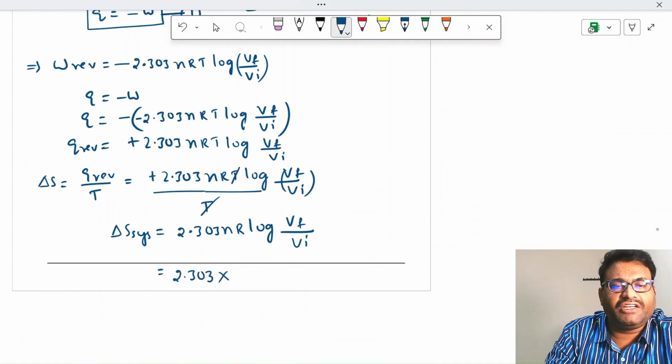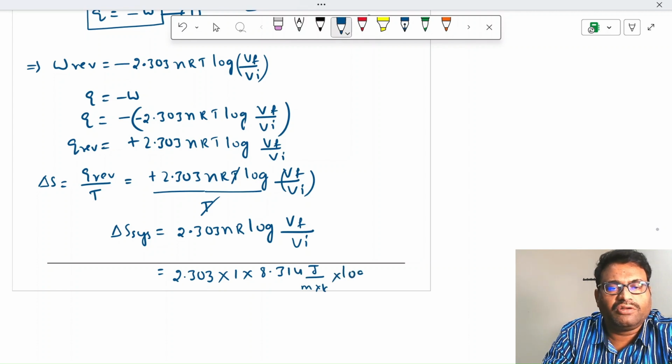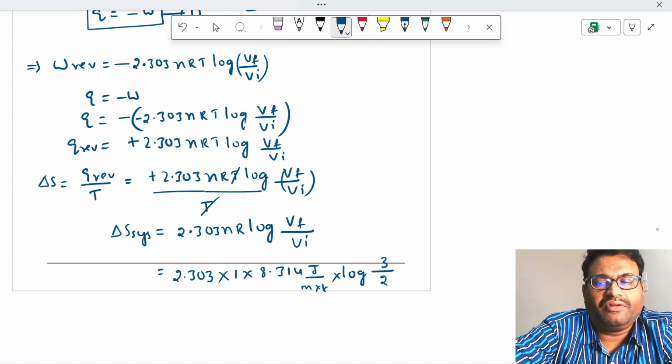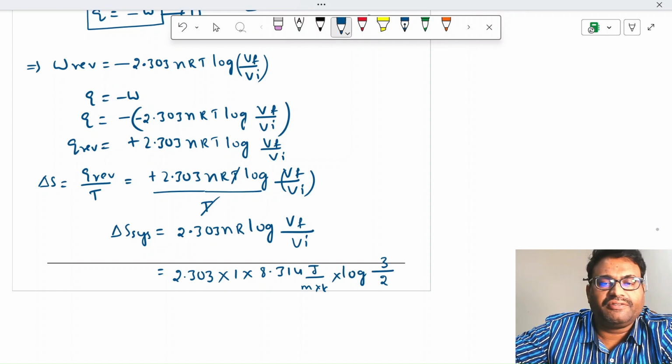So 2.303 into 1 mole into the R value 8.314 joule per mole per Kelvin into log of V final, 3 liters, by V initial, 2 liters. Then what do we get?